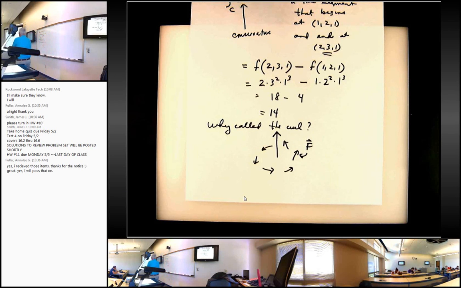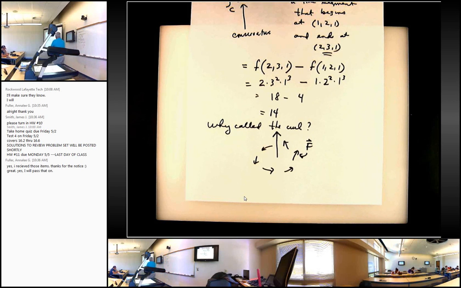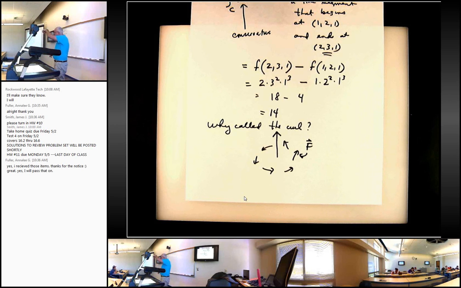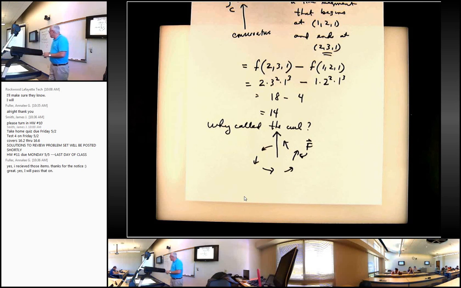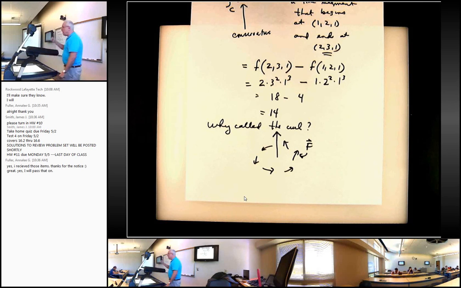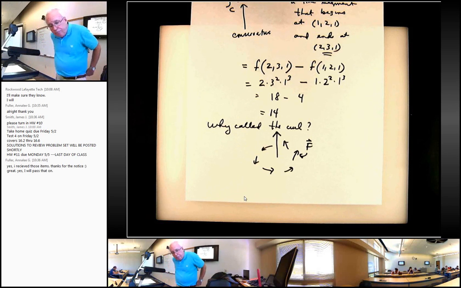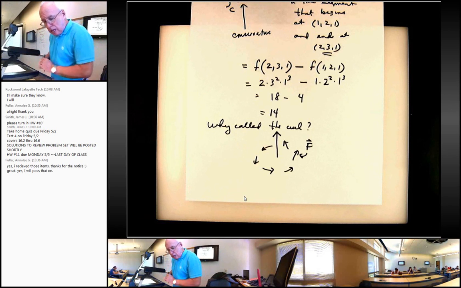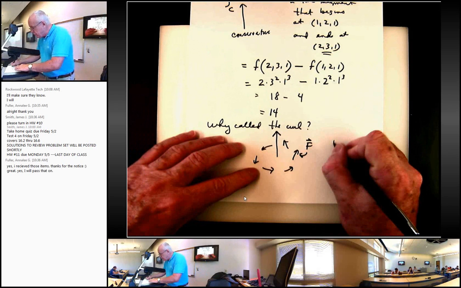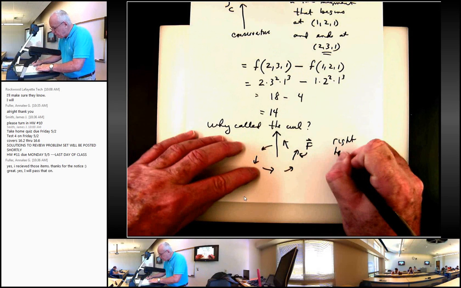If those are somehow rotating around in some fashion, such that if you could put a little tiny paddle wheel in there, it would tend to go in the counterclockwise direction, then the curl would be going up from that. The deal is this: for the curl, we use what's called the right-hand rule.